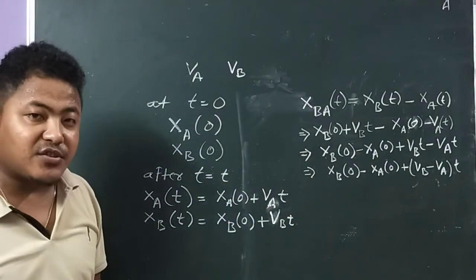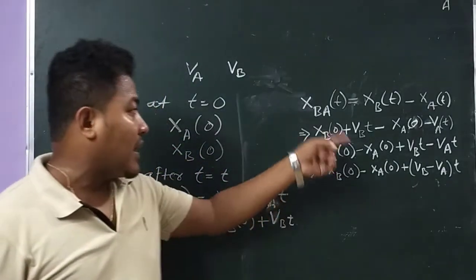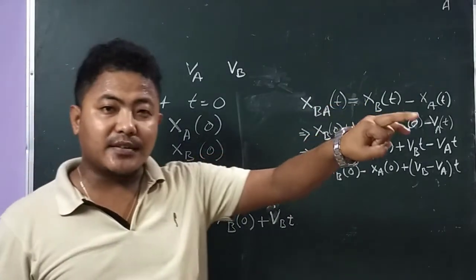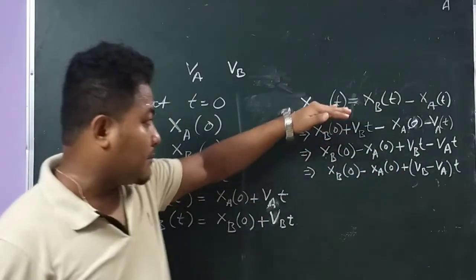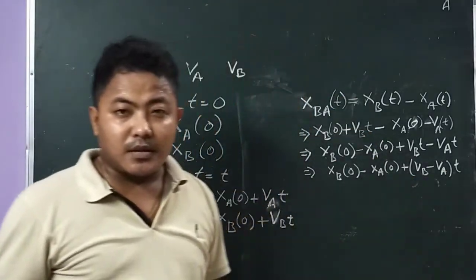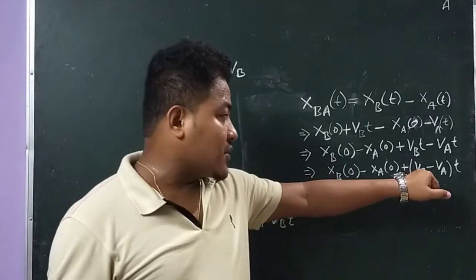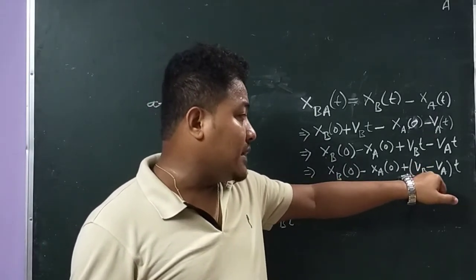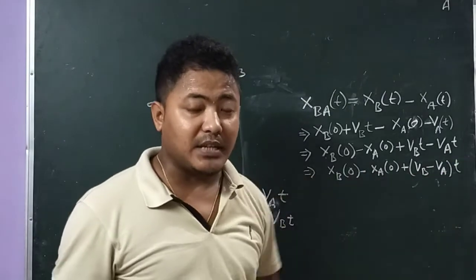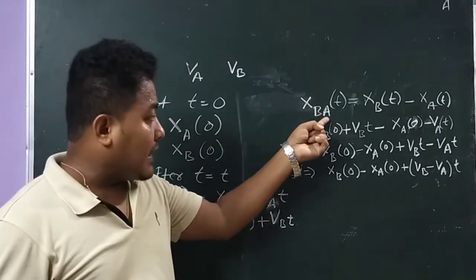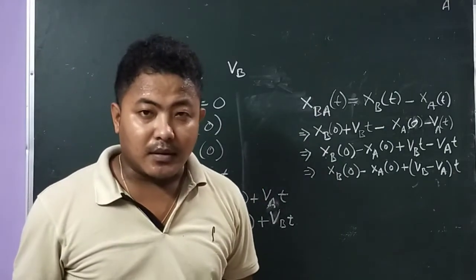How has velocity changed when we find the displacement from A to B? Once we find the displacement from A to B, the velocity has changed from B to A. Is that clear? This is the amount of velocity. That means velocity has been changing as VB minus VA when we found the total change of displacement from A to B. Understand this case?